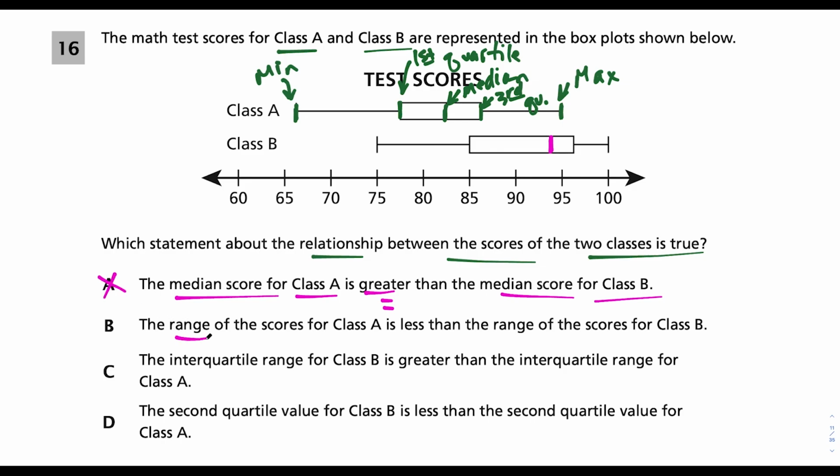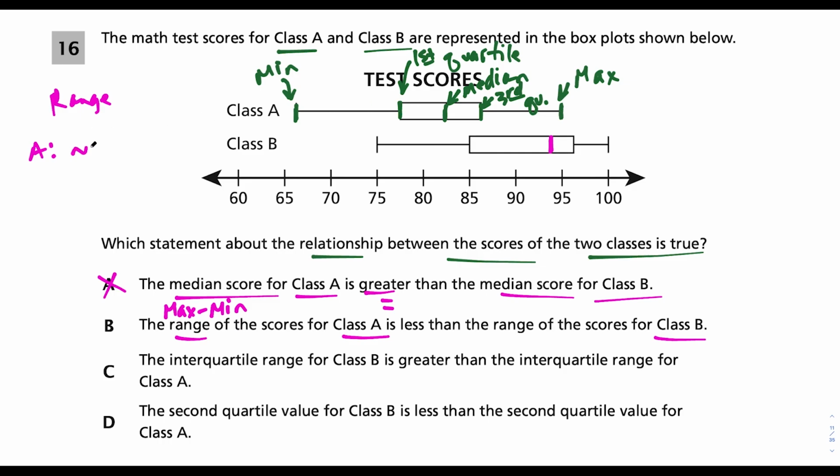So now we're talking about the range, and this is going to be the maximum minus the minimum. So we're talking about the max minus the minimum for Class A, and we're comparing that to Class B. So here, I'm just going to talk about what is the range. So the range for A. And if we look at this, well, the range is going from at about 66 to almost 96.